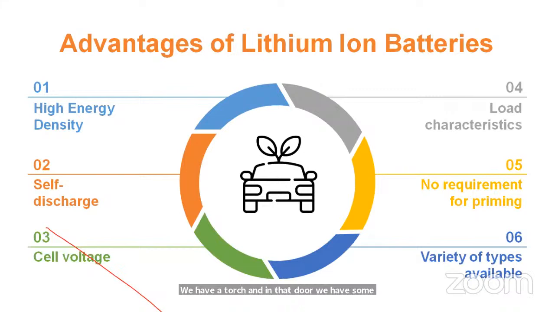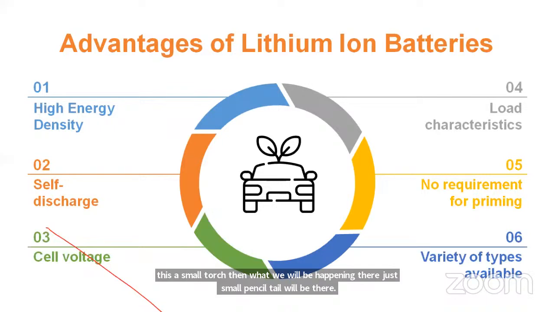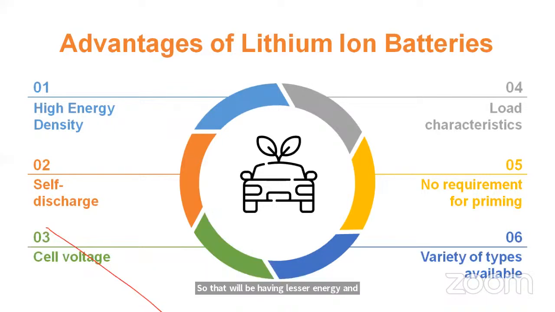If the cell is a pencil cell, in a small torch, it will have lesser energy, and for example it runs one month. After one month, you have to change your battery. But when you have a big torch with three or four cells, or a big cell, then you can run it for two to three months. Why is this difference there? Because that cell has higher energy.